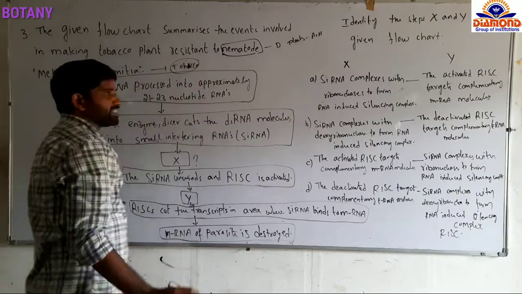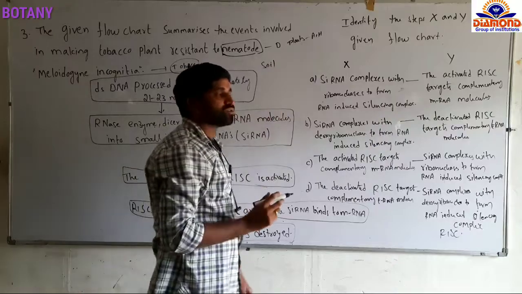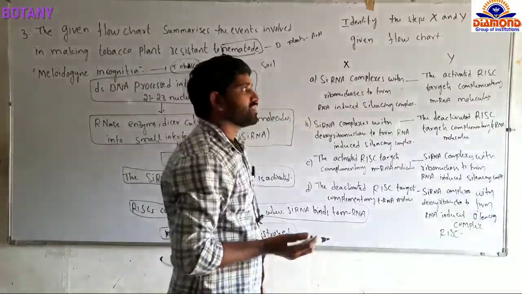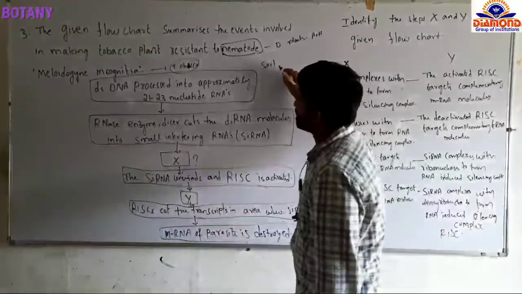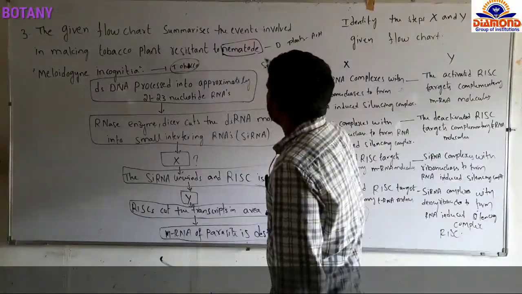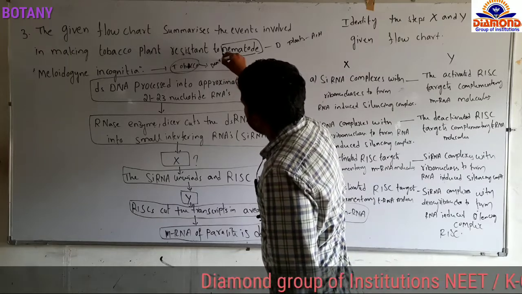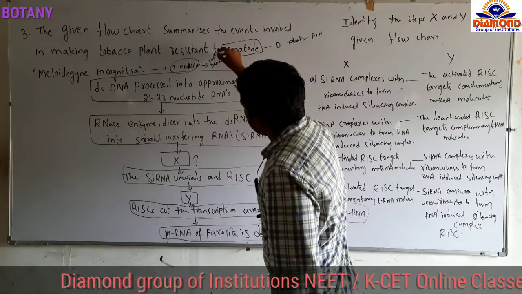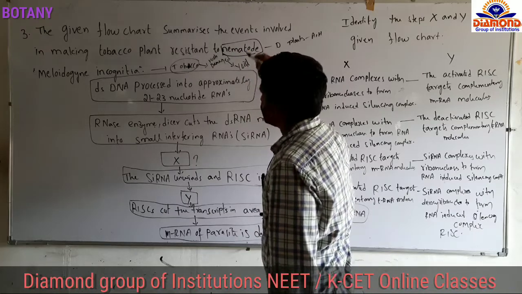Meloidogyne incognita is present in the soil. It can enter the tobacco plant roots, and by entering them, the roots of the tobacco plants are damaged. When the roots are damaged, the yield automatically decreases.